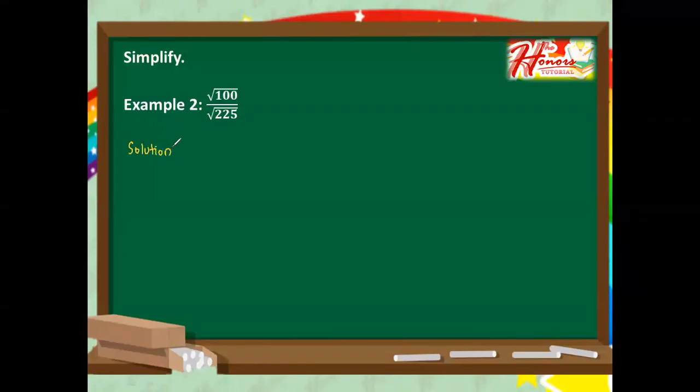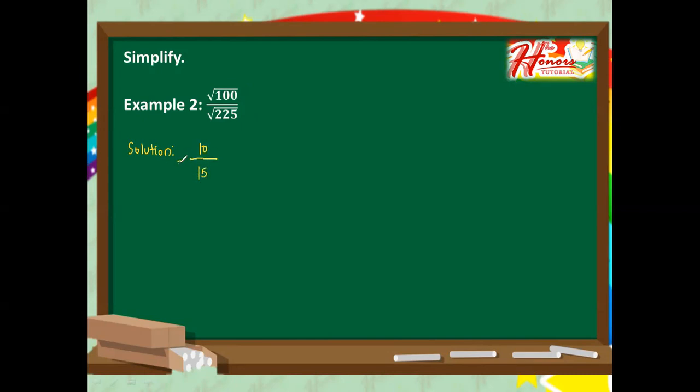As you noticed here, 100 and 225 is a perfect square number. So therefore, we can just get directly the square root of 100 and 225. So it is easier. Square root of 100 is 10 over square root of 225 is 15.